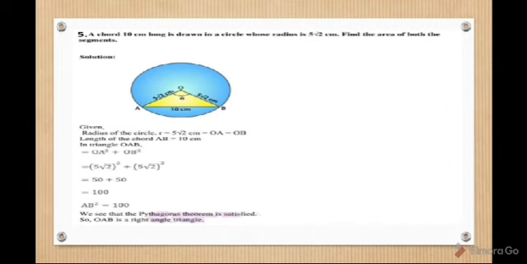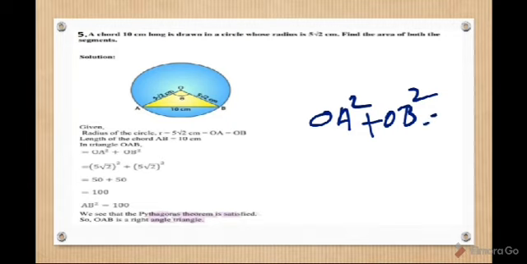So you can say that OA square plus OB square is equal to AB square. Okay, that is sum of the square of two sides of a triangle is equal to square of the third side.